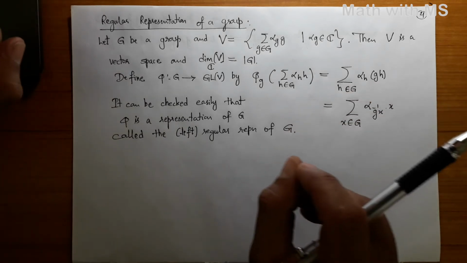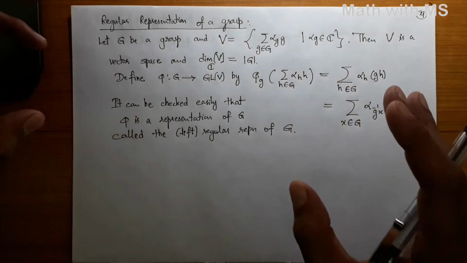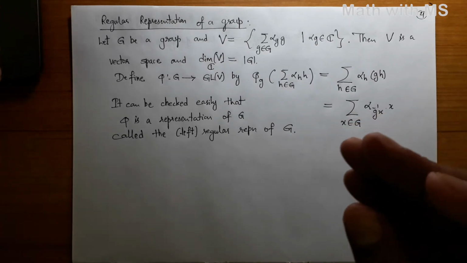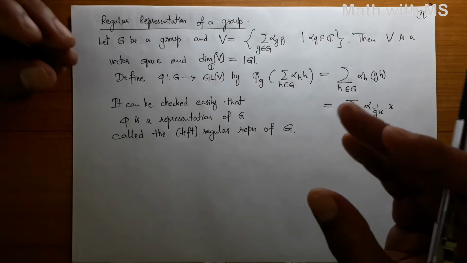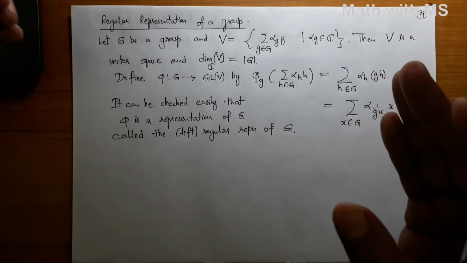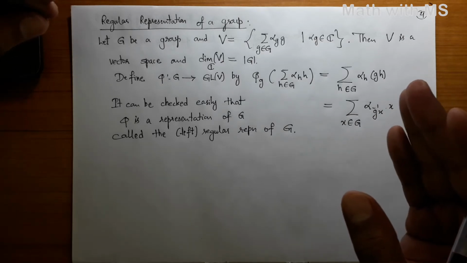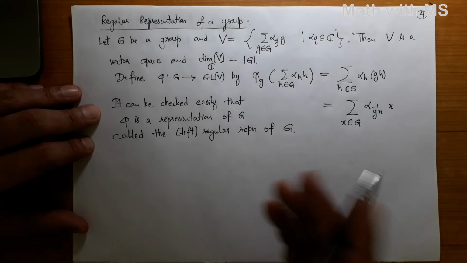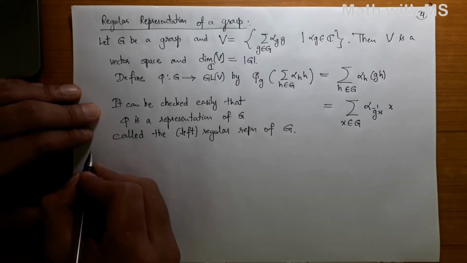Very interesting fact. And once we prove that, we will immediately get the result that the number of equivalence classes of irreducible representations of a group G is precisely the number of conjugacy classes of the group. So let's proceed.